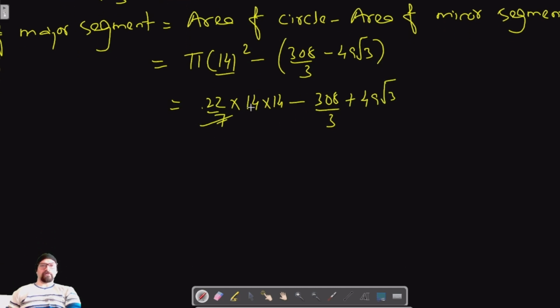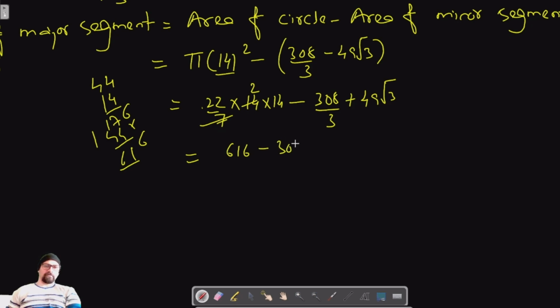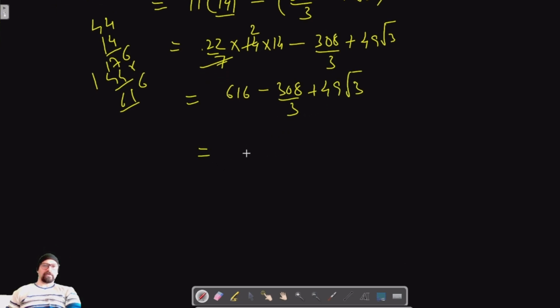If I open up the bracket, so this is 7 twos are 14, 22 into 2 is 44, and 44 into 14 is 616. This is 616 minus 308 by 3 plus 49 root 3, and let's take LCM here.